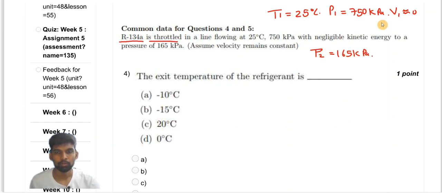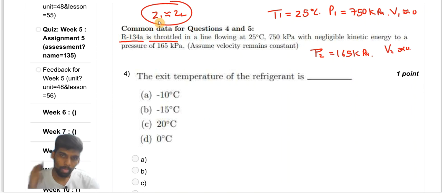See how much drop in pressure we are getting through this process. And assume the velocity remains constant, means V2 will also be equal to 0. Since nothing is mentioned about the potential energy, we will also assume Z1 is nearly equal to Z2.